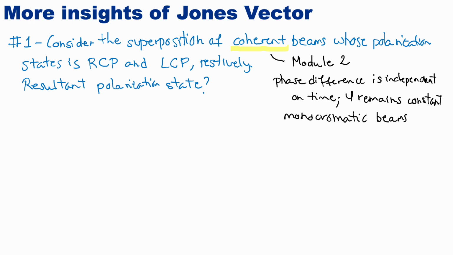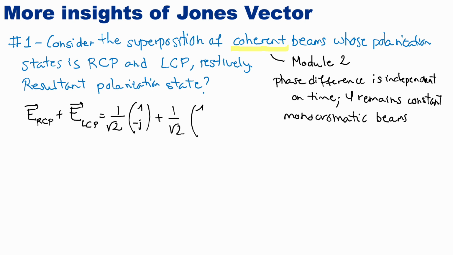So we know that we have two beams that are coherent. So that means that we can sum the Jones vectors of both of them. And in this particular case, we know exactly where the Jones vectors are, right? They are exactly the same, just the difference is on the sign with respect to the y component.